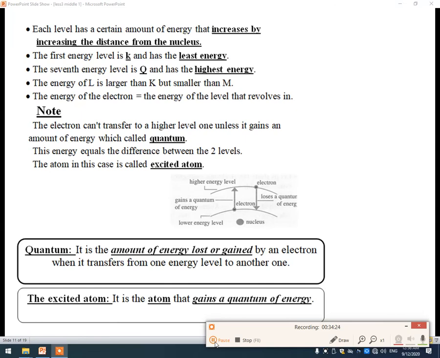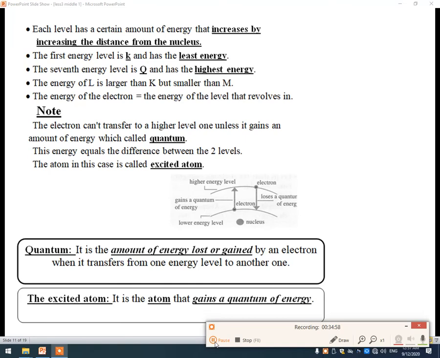What is the quantum? This energy equals the difference between the two levels. For example, if I move in an energy level of 5 joules, and I need to move to the energy level which carries 10 joules, what is the energy I need? I move in the 5, and I need to move to the 10.